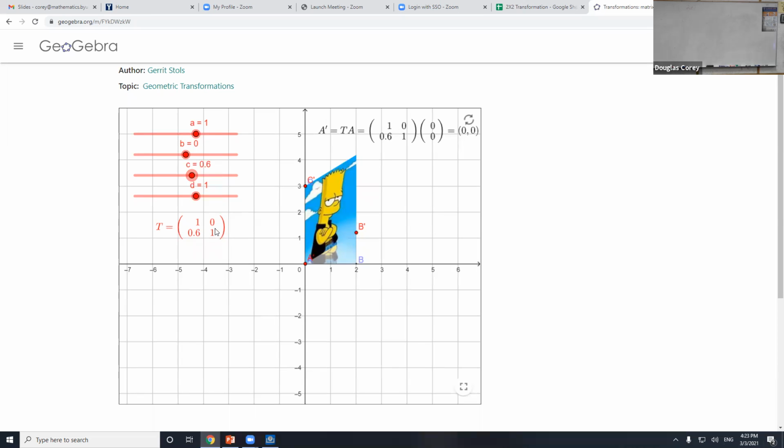That's why in the matrix the second column is still 0, 1. Where does this 1, 0 go? The x coordinate's still the same, but it goes up to about y equals a half, or 0.6. So it goes from 1, 0 to 1 and 0.6. That's how I can figure out what the matrix transformation is.